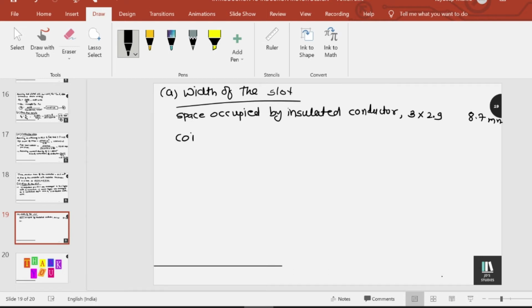Then coil insulation, which is 2 into 1.0 mm, so 2.0 mm.